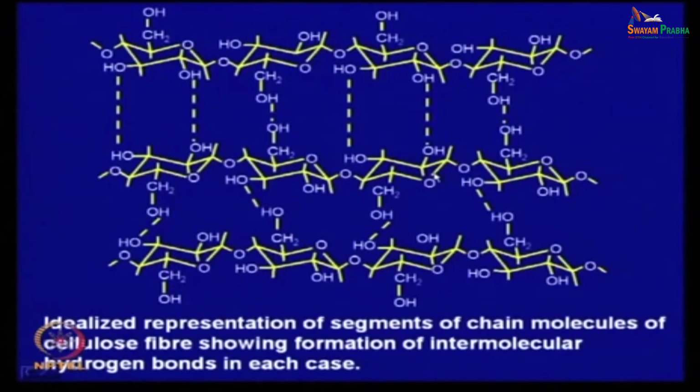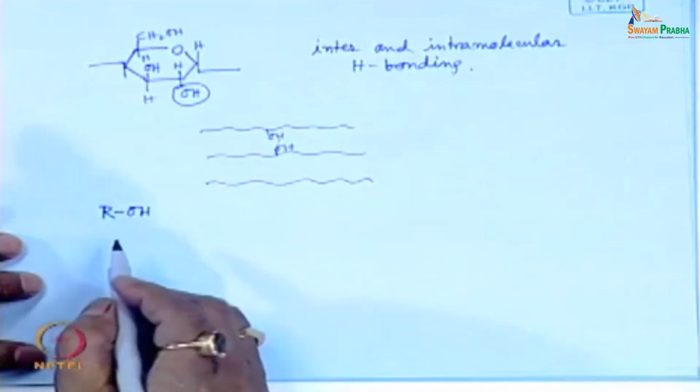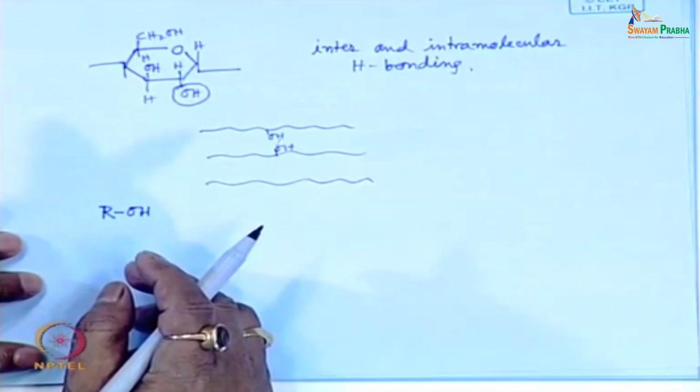So the total amount of hydrogen bonding per gram mole of polymer is huge. So it does not go into solution, but it can be converted into solution provided you carry out some chemical treatment. What is that? Suppose we represent this cellulose as ROH, chemically an alcohol.